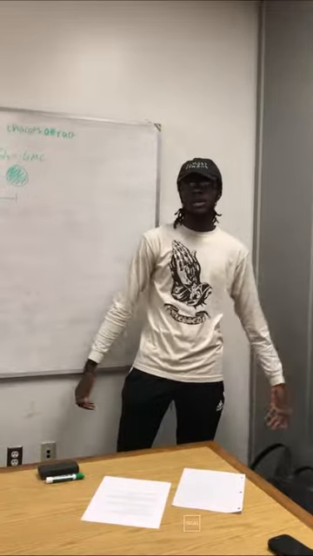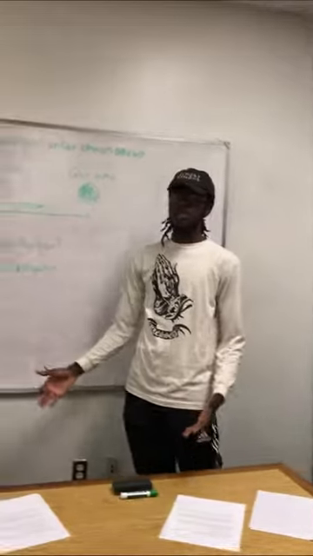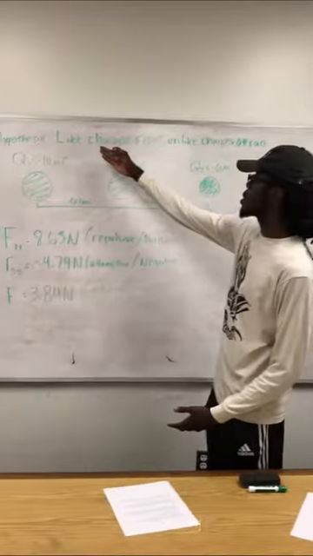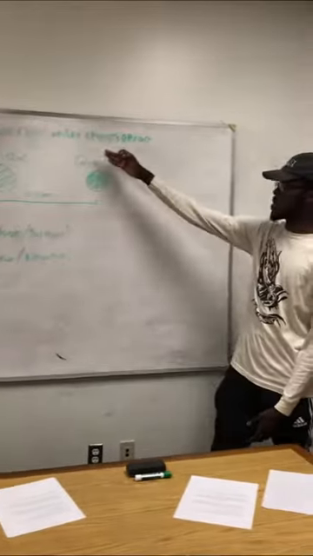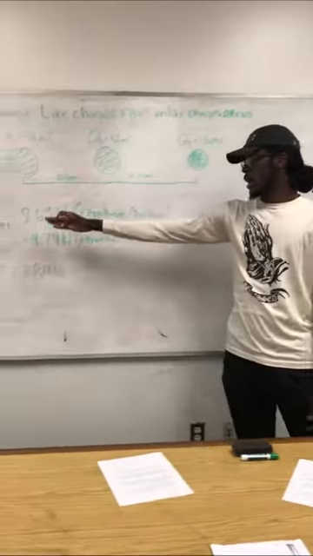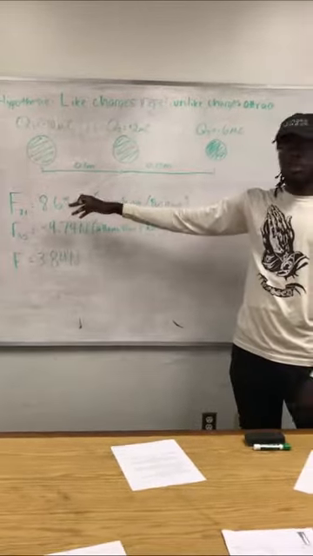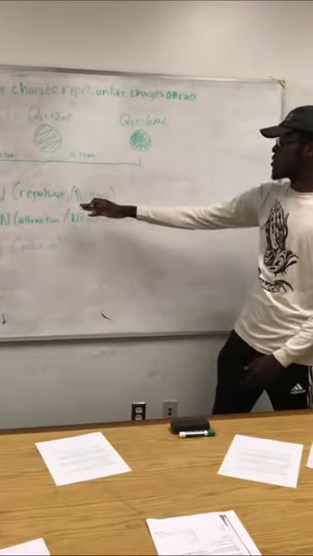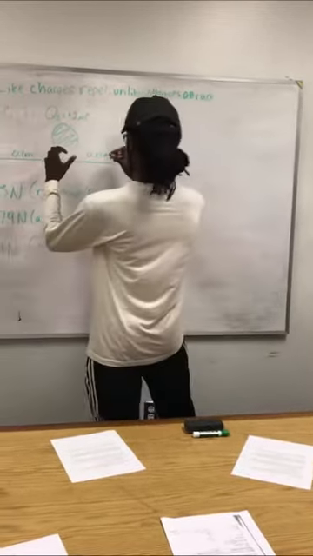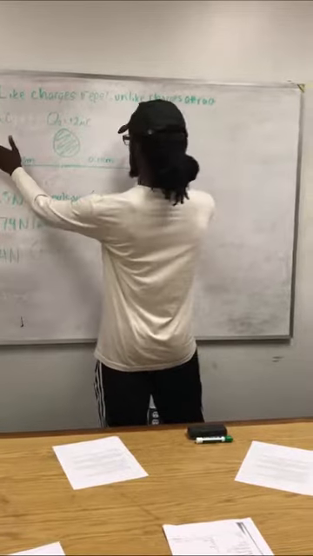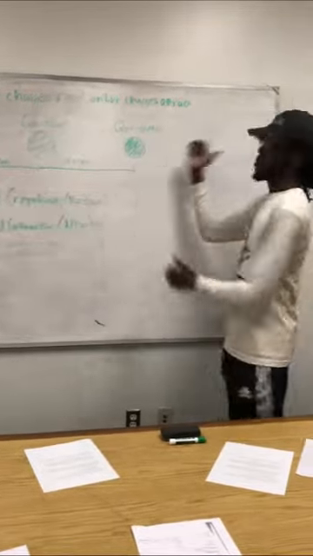Our example problem completely supported our hypothesis that like charges repel and that unlike charges attract. If we look here at the force on charge 3 due to charge 1, we get a value of 8.63 newtons, which is a repulsive force going in the positive right direction. These two charges repel, and charge 3 moves to the right.